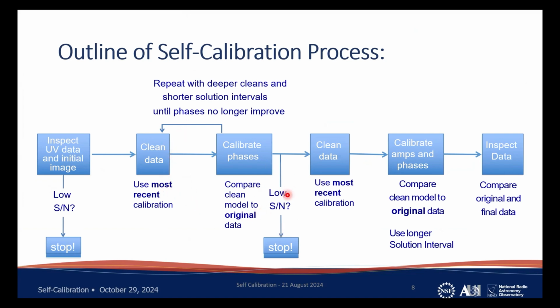Then we apply phase calibration first, and compare with the original data to see if it really pushed the signal to noise up. If it does, we can continue to amplitude self-calibration and go on. But if it does not, we should also stop. So the point is that to do self-calibration, you have to ensure your data is good enough.